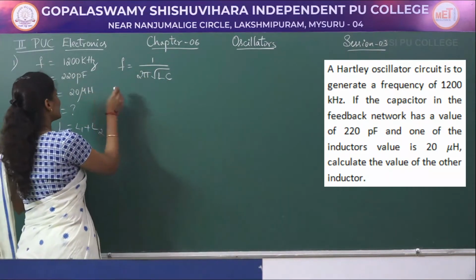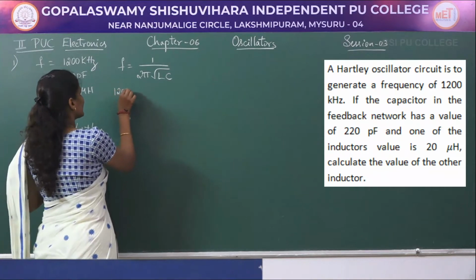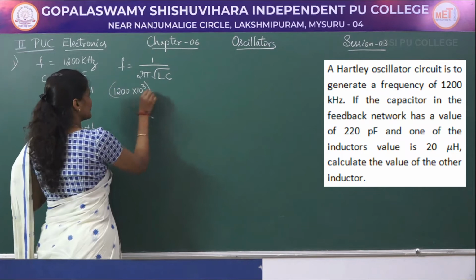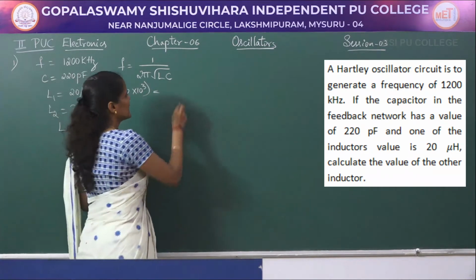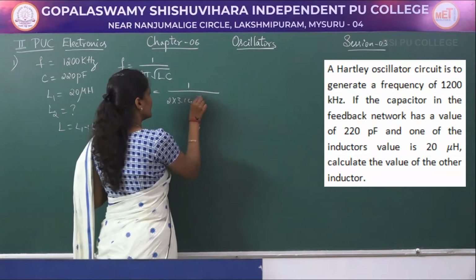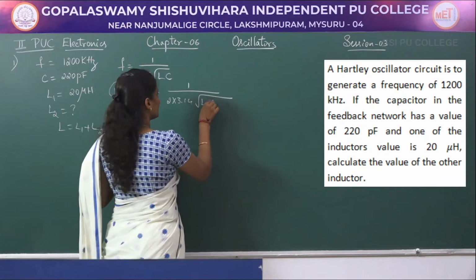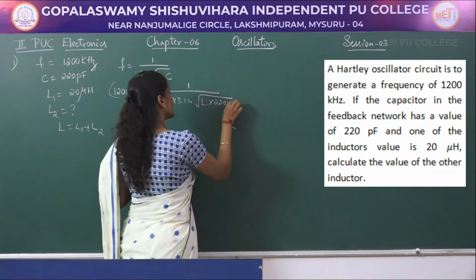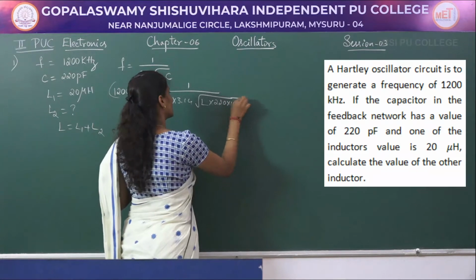So from this formula let us find out the L value first. Let us substitute the values that are given. Frequency is 1200 kilo, in the sense it is equal to 10 to the power of 3. It is equal to 1 divided by 2 into 3.14 into root of L into C value is given, which is equal to 220 into 10 to the power of minus 12.